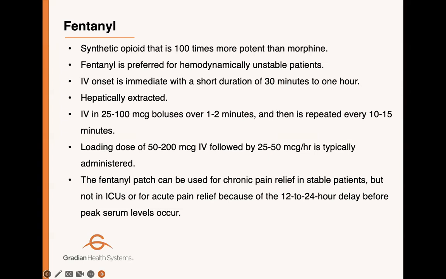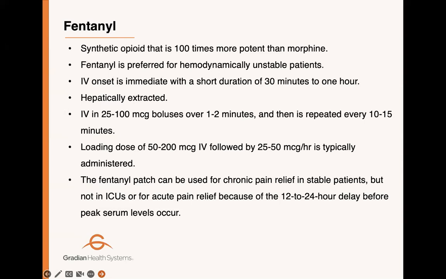The good thing about fentanyl is that it has little or minimal myocardial effect, so you can use it for a hemodynamically unstable patient. And the issue of histamine release, which we see with morphine, is not there with fentanyl, so the incidence of allergic reaction is not there.